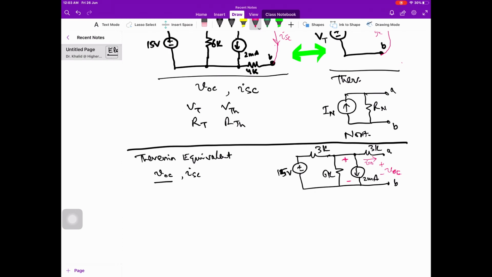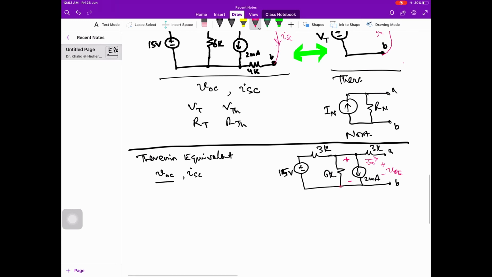We can use node analysis methods, we can use loop current methods, whatever method you use. Say for example, I use node voltage, so this is the ground terminal and this is V open circuit. Because this voltage is equal to this voltage over here, as there is no voltage drop across this resistor.